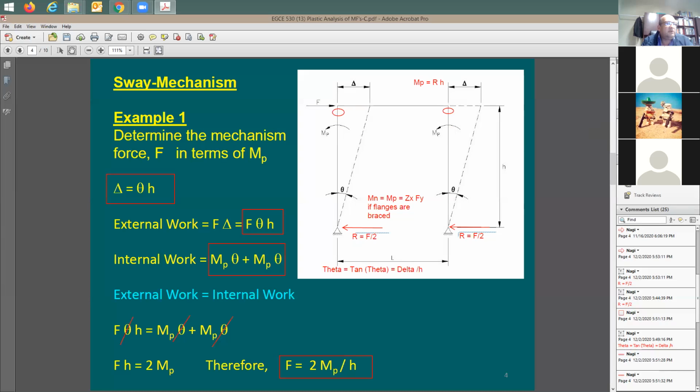Based on this equation, when you take the moment, MP is going to be H times F divided by 2.